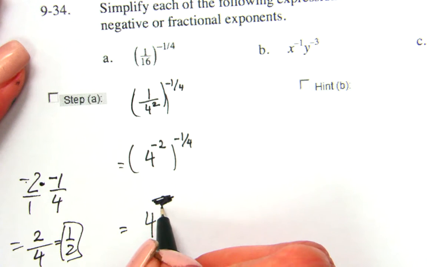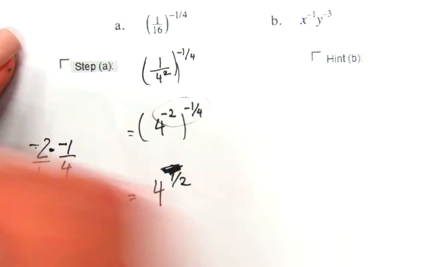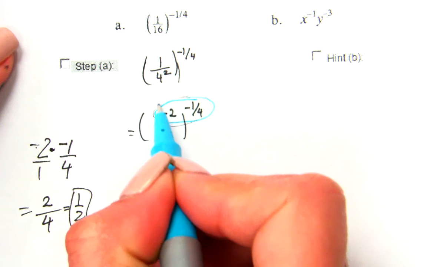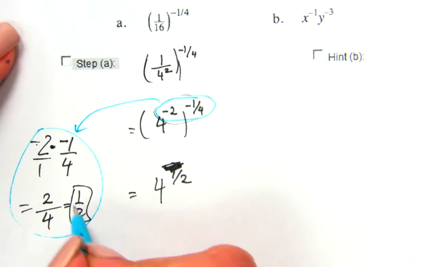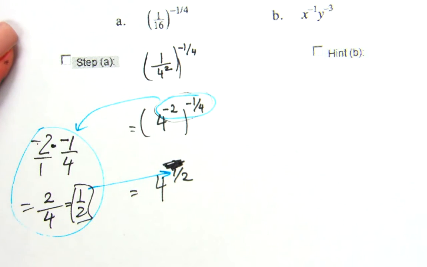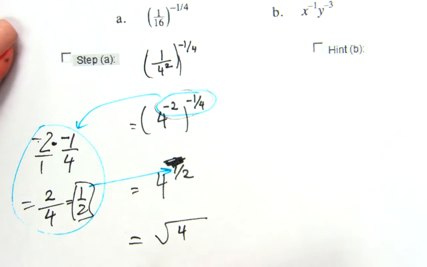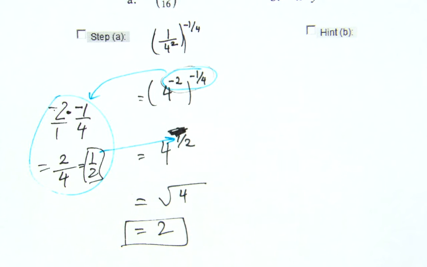So that's like 4 to the 1/2 power. I did the work for this over here, and then the 1/2 came from the answer, this portion right there. So 4 to the 1/2 power is the same as the square root of 4. The square root of 4 is a wonderful 2. There you go.